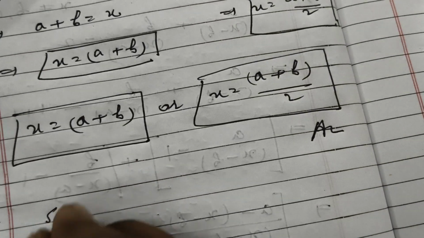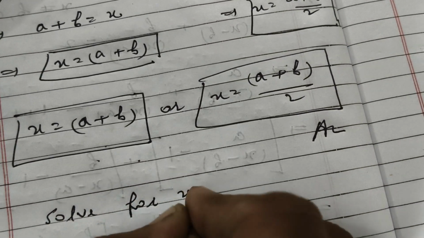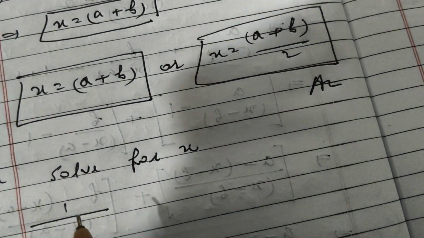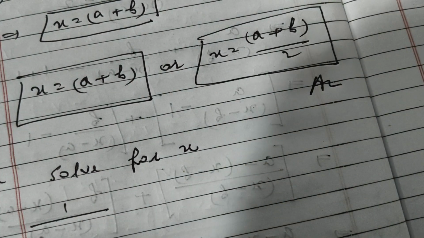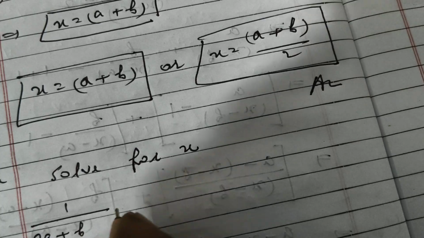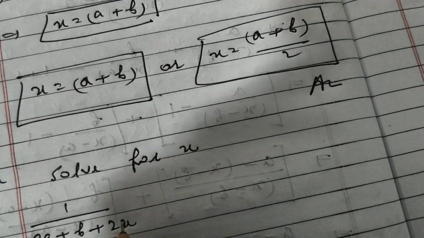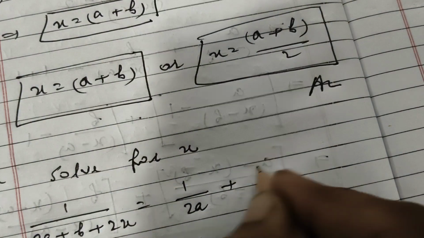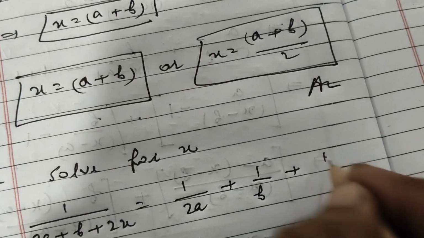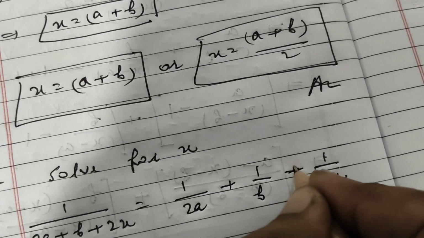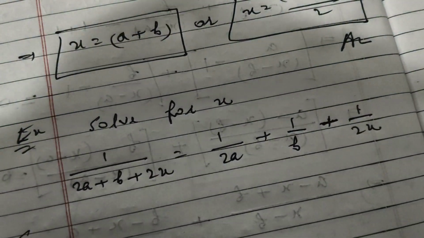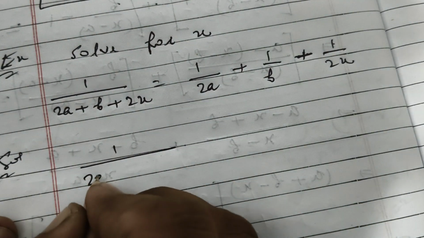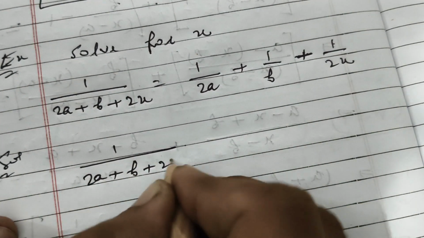Solve for x. 1 upon 2a plus b plus 2x is equal to 1 upon 2a plus 1 upon b plus 1 upon 2x.